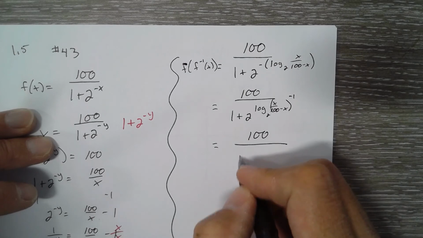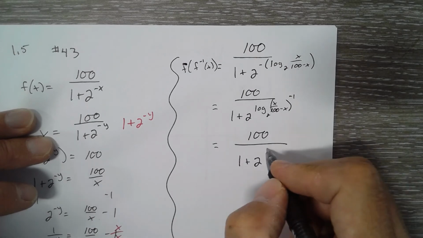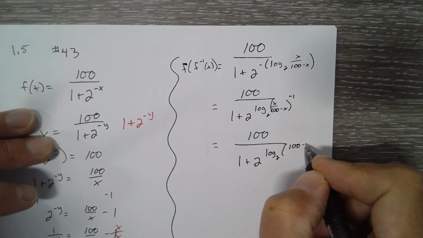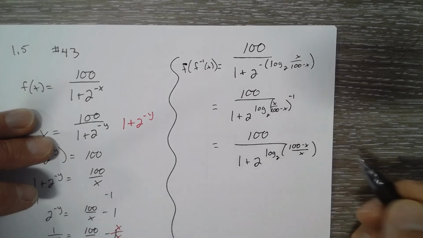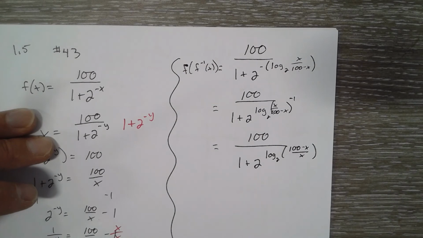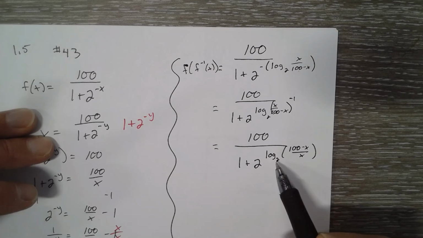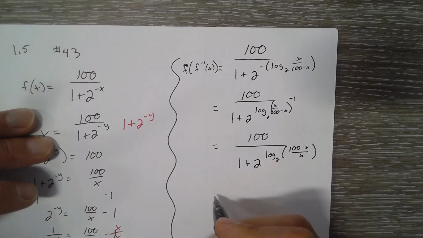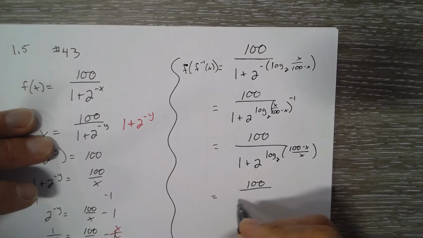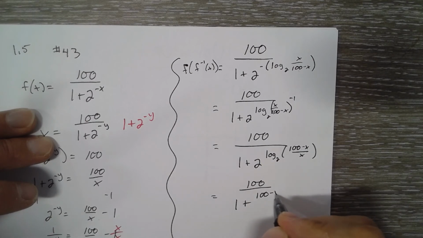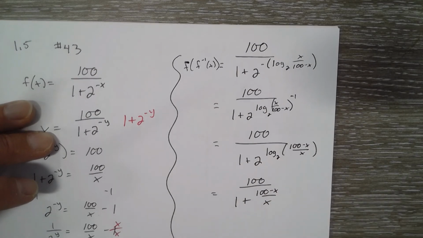1 over 1 plus 2 to the log base 2 of 100 minus x over x. And then log base 2 and 2 to the power are inverse operations, so those undo each other. So we get 100 over 1 plus 100 minus x over x.